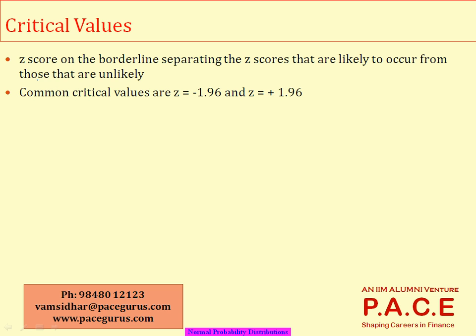So the decision or conclusion about a particular characteristic or parameter can be made by comparing your calculated value with the critical value. We will have a look at that mechanism.